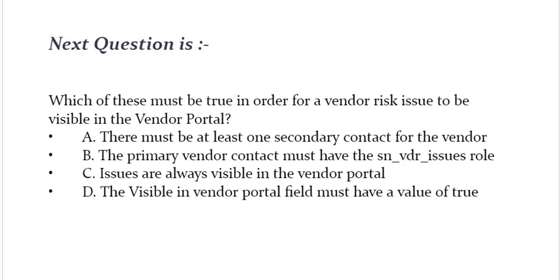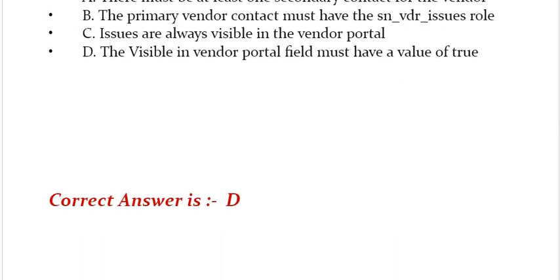Option B. The primary vendor contact must have the sn_vdr_issues role. Option C. Issues are always visible in the vendor portal. Option D. The visible in vendor portal field must have a value of true. Correct answer is option D.